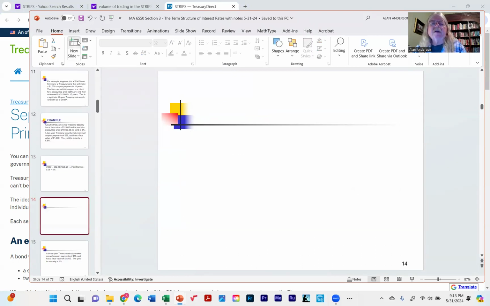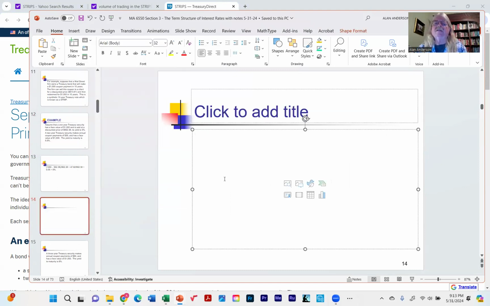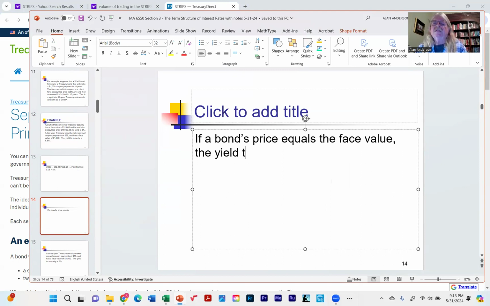Okay, so I just want to mention that right now. One of the interesting features about the bond market is that if a bond's price equals face value, the yield to maturity equals coupon rate.